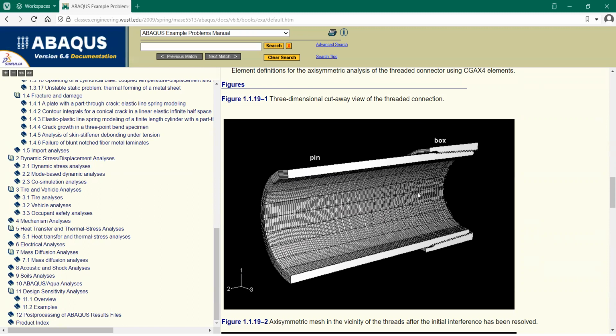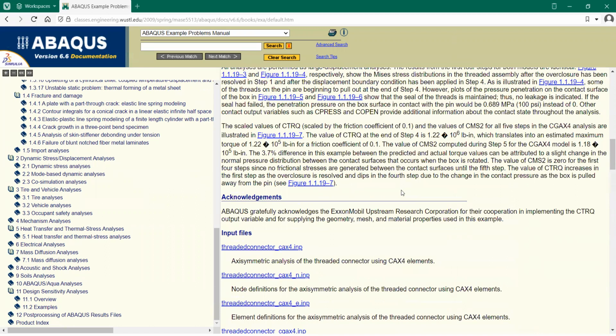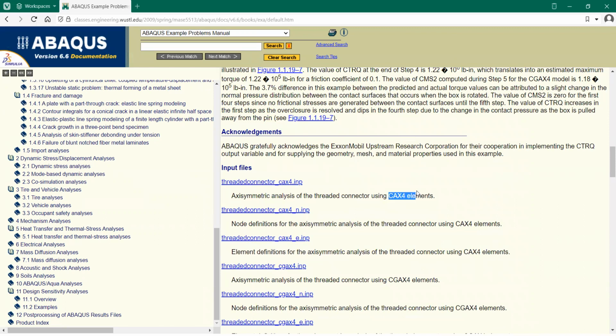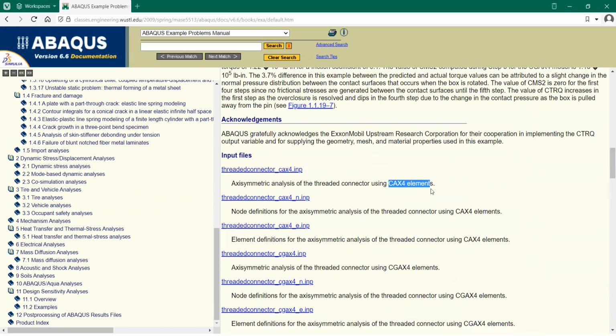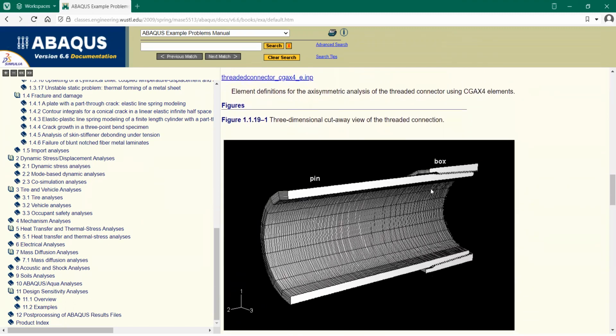This is going to be the same for the entire region. This is a three-dimensional cutaway view, but you can always use axisymmetric. These are the axisymmetric elements, CAX4 elements. Instead of taking a lot of time and solving for the entire geometry, you can just consider the axisymmetric one.